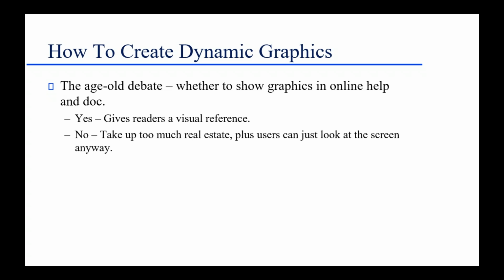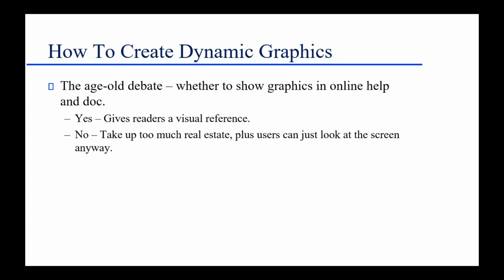And I usually tell people that I would not put down every single image, every single screenshot. That's overkill. But I tend to put down images that provide visual references or learning cues, so that if I tell you here's 10 steps to follow, I'll put in a graphic at the end of step 10 that says if you did the last 10 steps correctly, this is what your screen should look like.